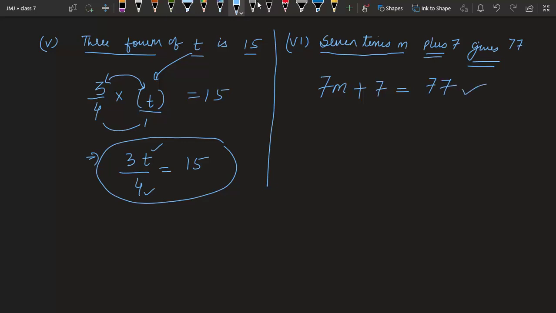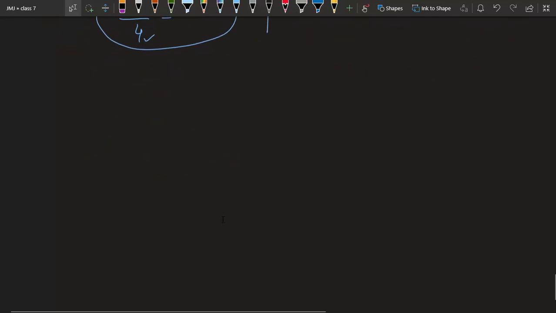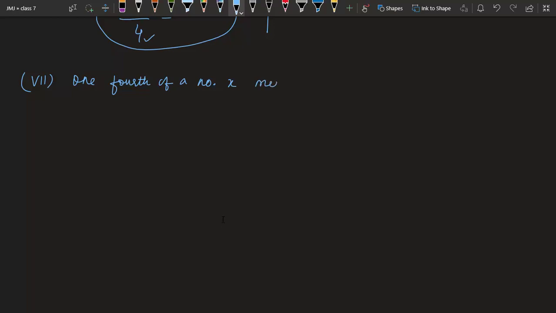Now let's take the 7th part. The 7th part is 1/4 of a number x minus 4 gives 4.